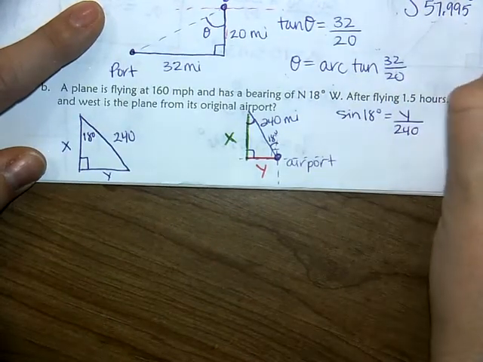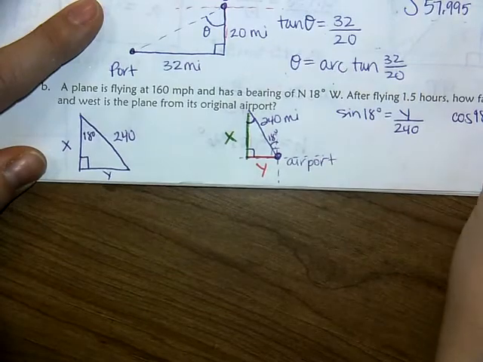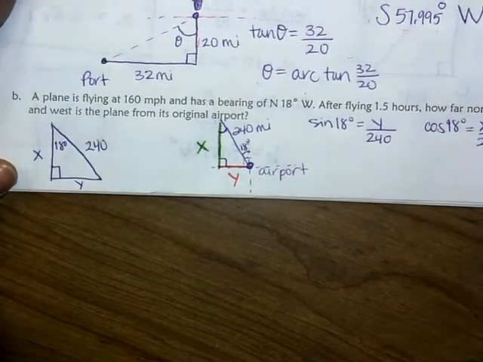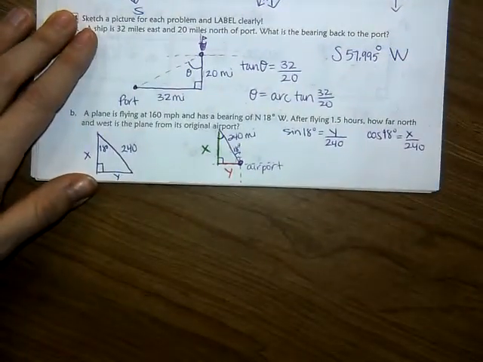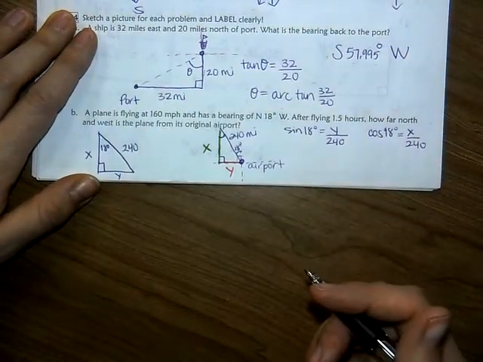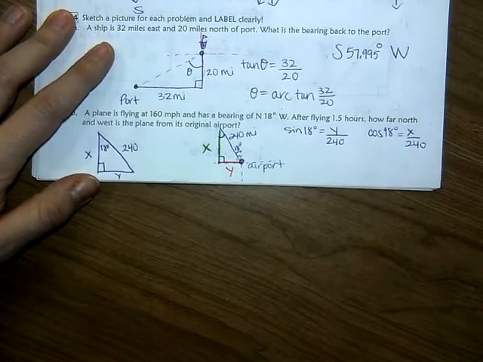And then I can also use the cosine of 18 degrees equals X over 240. So we're going to cross multiply, we're going to put it in our calculator, we're going to be in degree mode. Everybody comfortable with all that?